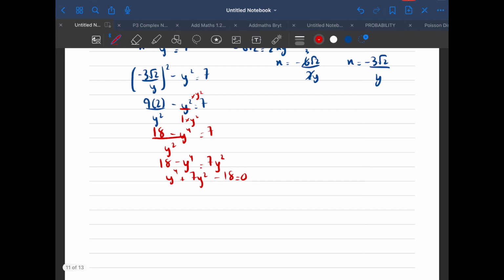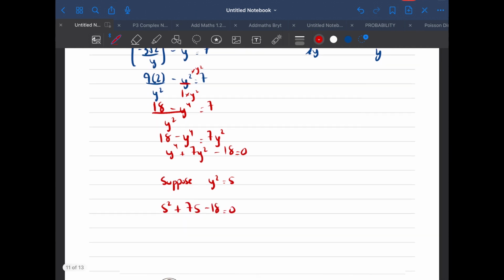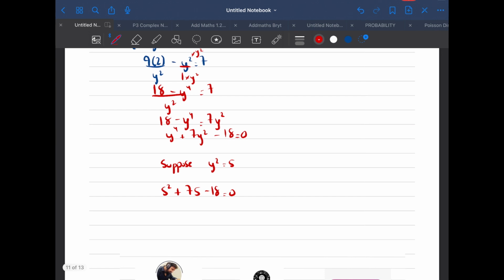Then as per the concept of disguised quadratic, suppose y square is equal to s. So it's going to be s square plus 7s minus 18. What are the factors of 18? 2 into 9. So s square plus 9s minus 2s minus 18 is equal to 0.